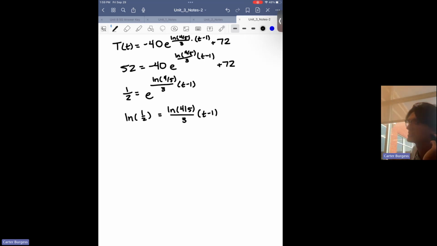How could I cancel the ln of 4/5 over 3? Well, the ln itself isn't going to cancel, but I want to isolate t here. So what do I have to do with this? Divide it on both sides by it. Now that's going to end up making things look pretty messy. So what's maybe a way that I could do it that's going to make it look cleaner, just for the aesthetics?